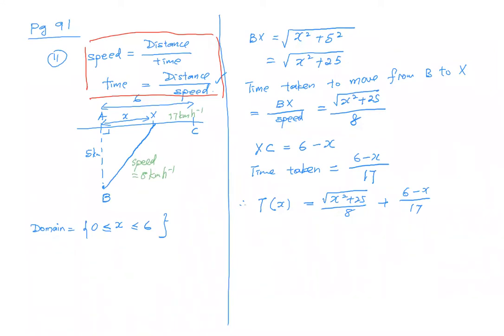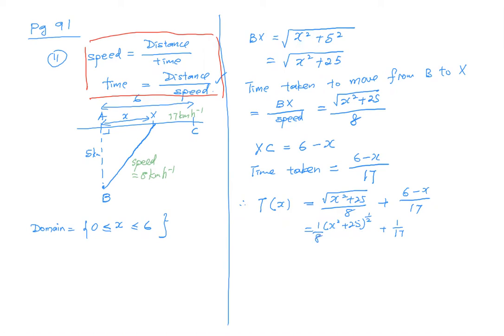Okay, the first part you have to use chain rule. So if I write this as x squared plus 25 to the power of half. Okay, then this one, if you want, you can write it as 1 over 17. And this one, you also can write it as 1 over 8, to make the equation easier.